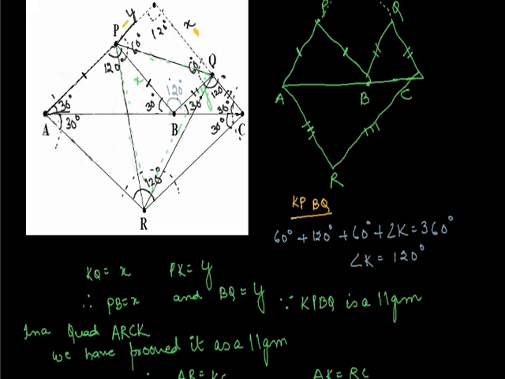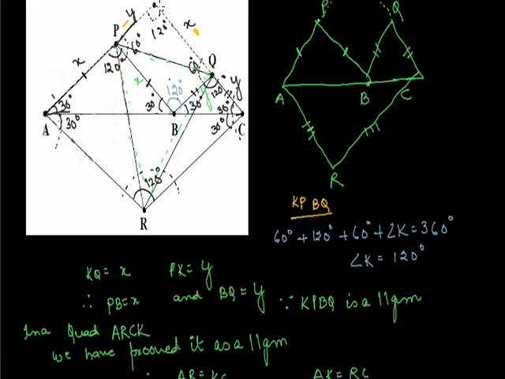Since QBC was an isosceles triangle, if QB is y, this is also y, that is QC is also y, and if PB is equal to x, PA will also be equal to x because it's an isosceles triangle.